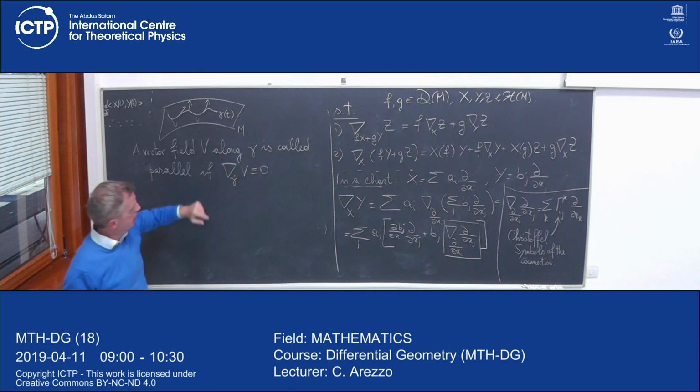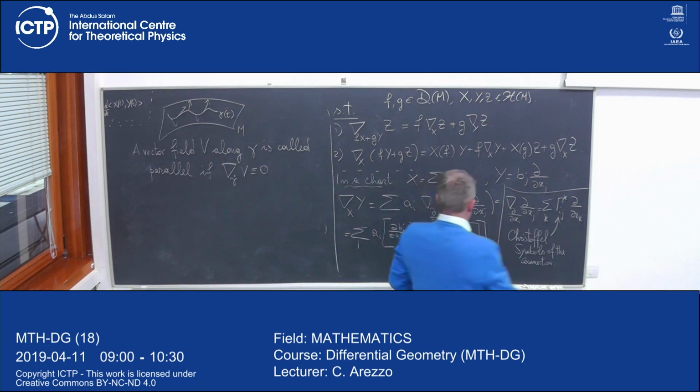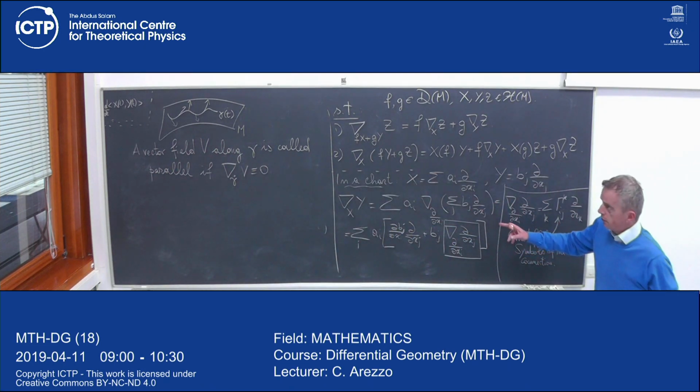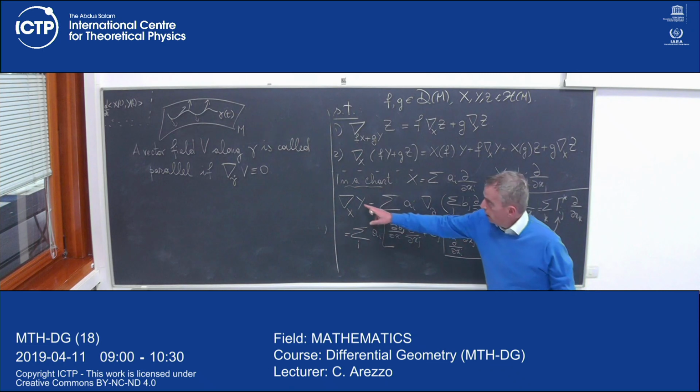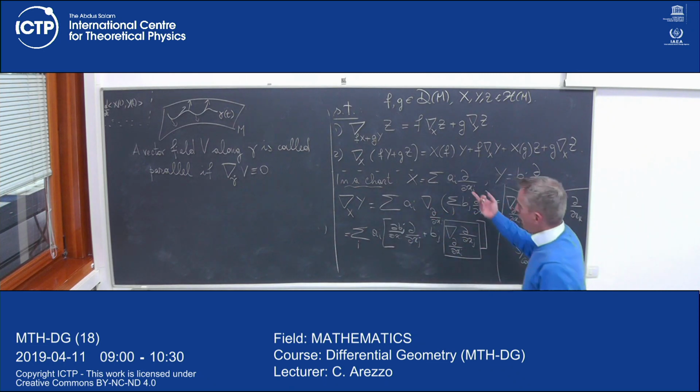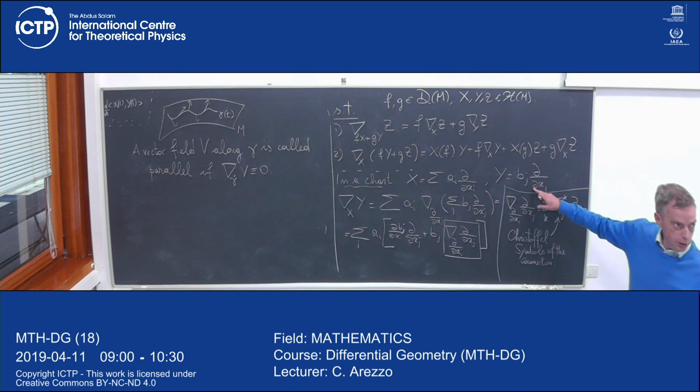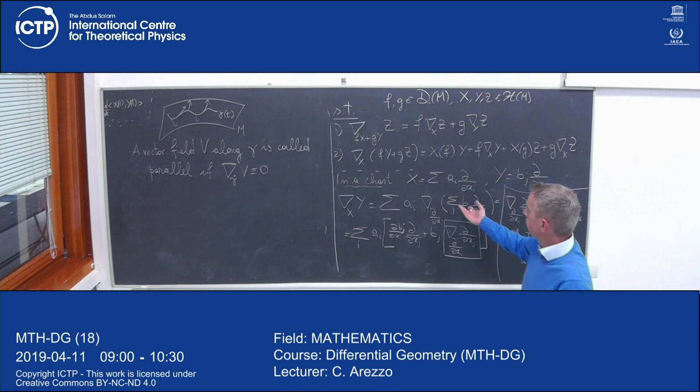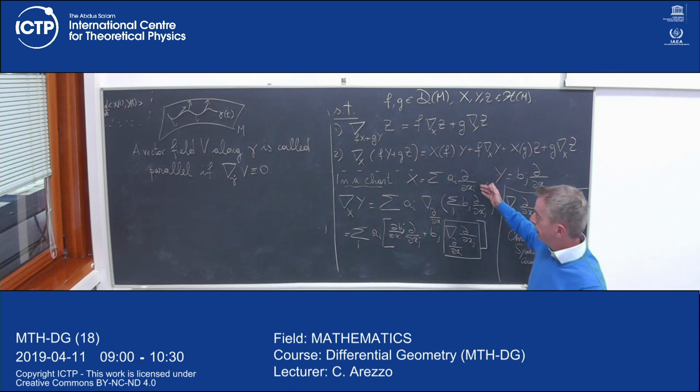you can write down in charts. Actually, let's play this game here, since we have the formula. I didn't erase the formula yet. V is the Y vector, the one we are taking derivatives of. And gamma dot is just the tangent vector, decomposed with respect to the basis.